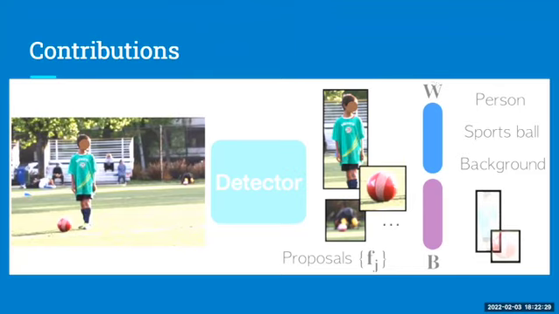If you see capital W and capital B, those are the learned weights of the classification layer and the regression layer, respectively. Overall, traditional object detection methods have 3 losses: one from the region proposal network, one from the regression, and the third one from classification. The contributions of this paper focus on improving the classification in the second stage.